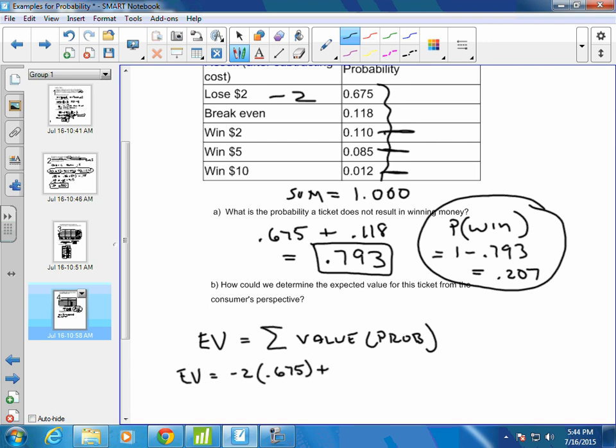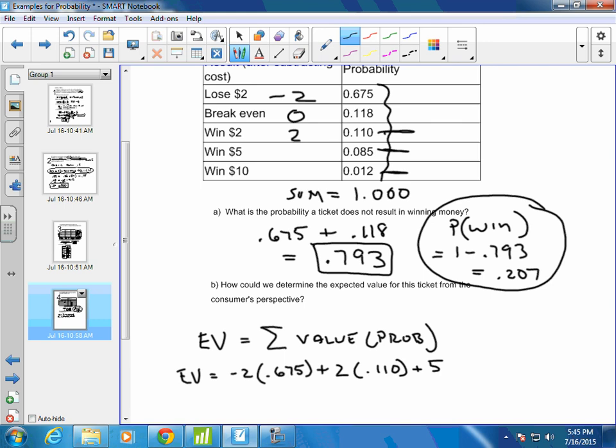And then plus, we're just going to go to the next one. Now breaking even would be a value of 0, because you don't win, you don't lose. And 0 times anything is 0, so I'm going to skip that one. We can move on to the next one. If the player wins $2, the value to the player is going to be 2 times the probability of 0.110.